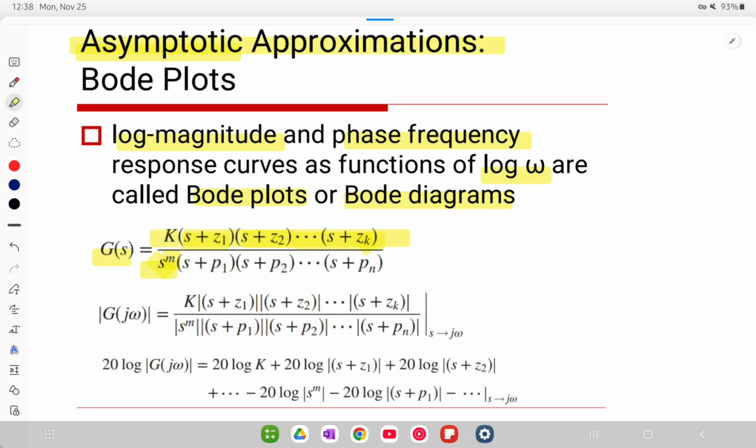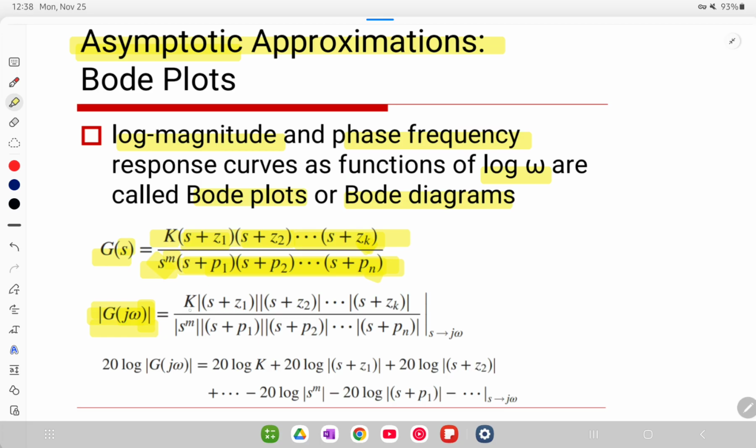And in your denominator, you have S equal to these numbers, minus B1, minus B2, and etc. Those are the poles, up to n number of poles. So k number of zeros, n number of poles. Now you substitute the S with j omega, and the absolute value of it is your magnitude.